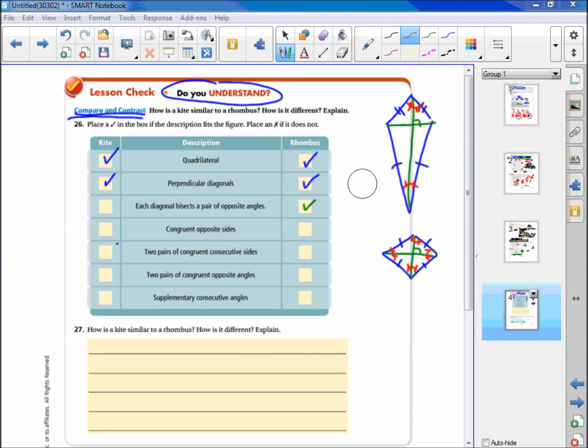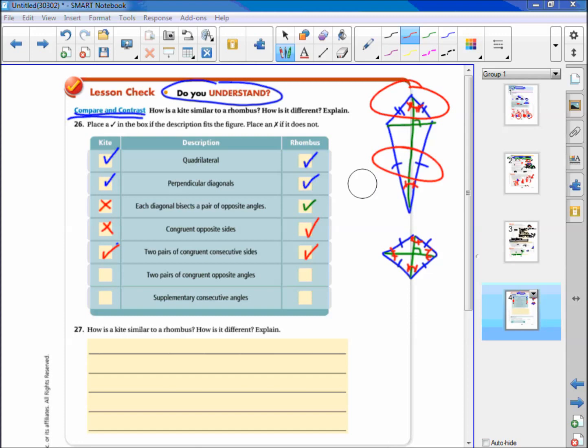Okay? So I have congruent opposite sides. Well, for a rhombus, yes, because all the sides are congruent. For a kite, no, the opposite sides are different lengths. Two pairs of congruent consecutive sides. For a rhombus, yes, because all the sides are congruent, so the consecutive sides will definitely be congruent. And for a kite, yes, we have these two up top and these two down below that are consecutive and congruent.